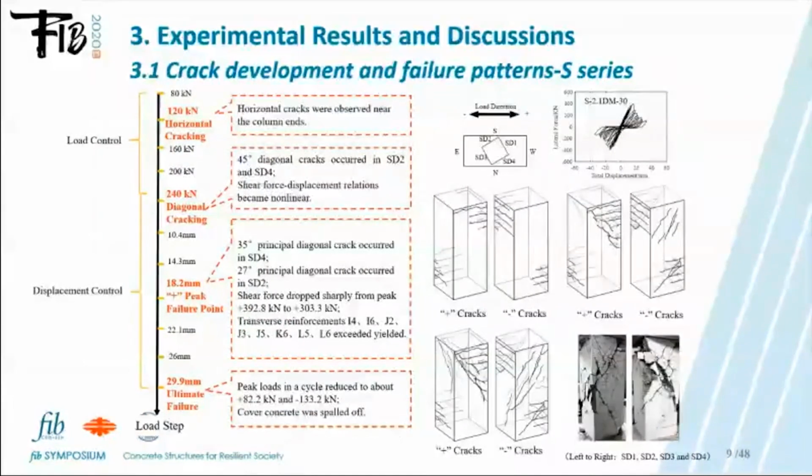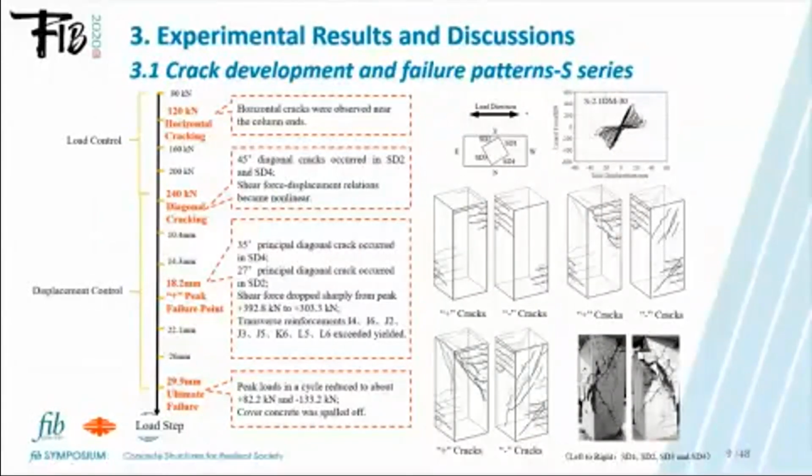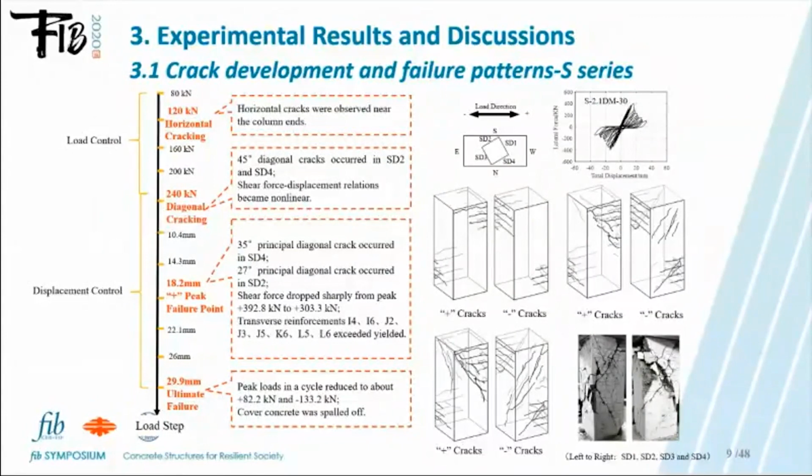Part 3. Experimental results and discussions. The overall crack development process was similar for all square specimens. Take the specimen S2.1 DM13 as an example. In the initial loading stage, roughly horizontal flexural cracks were observed near the top and bottom of the column ends.